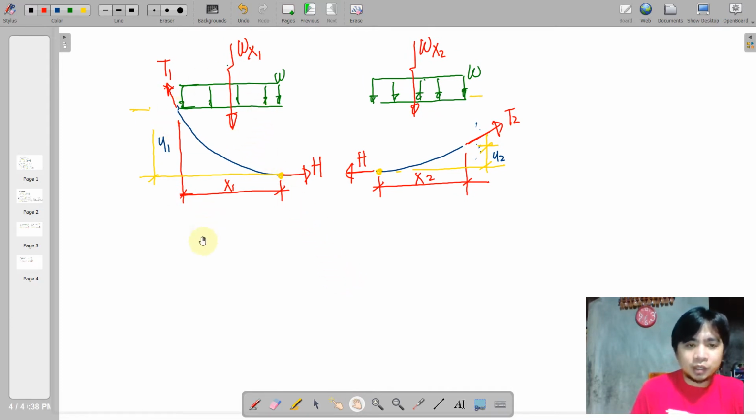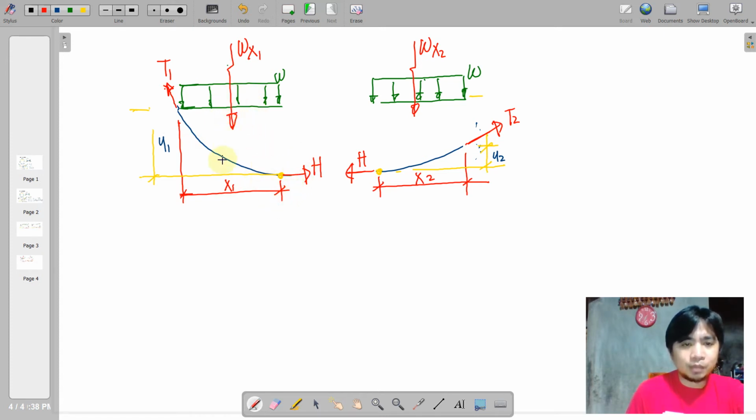So considering the left portion, notice that there are three forces here. These three forces comprise a horizontal component, a vertical component, Wx1, and a diagonal force. Therefore, this shall form a force triangle.